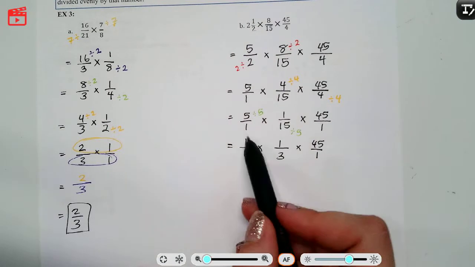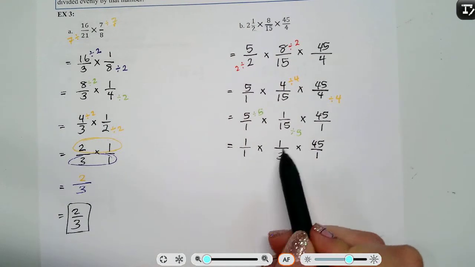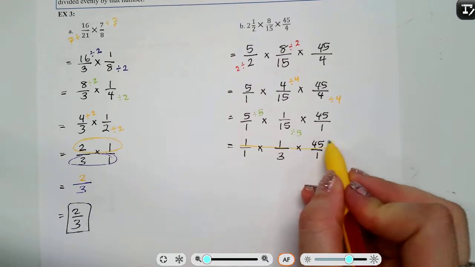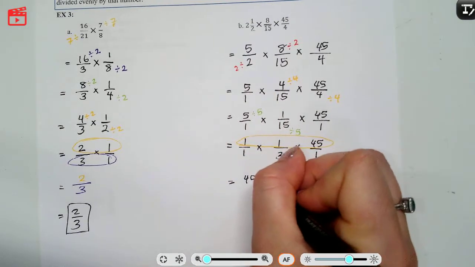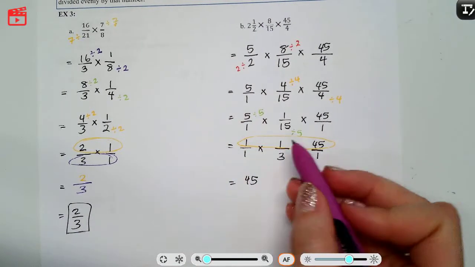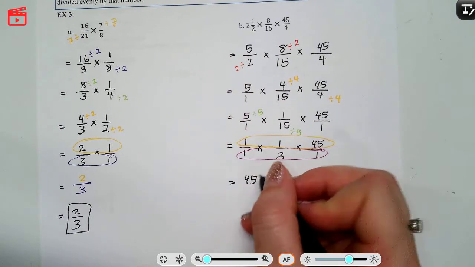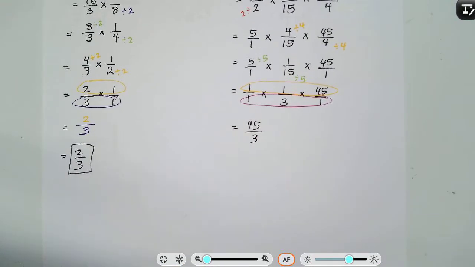All right. Well, 1/1 is just going to be 1. So now let's just go ahead and multiply across. 1 times 1 times 45 is just 45. 3 times 1 times 1 is 3. Okay, but that is an improper fraction.